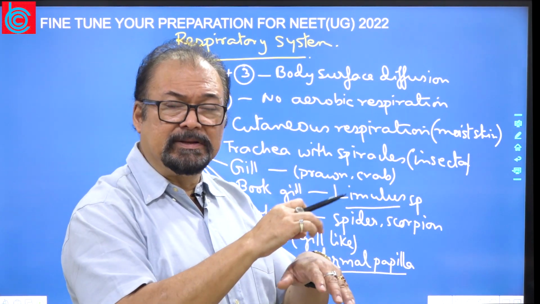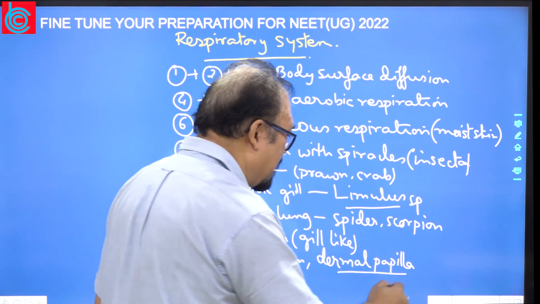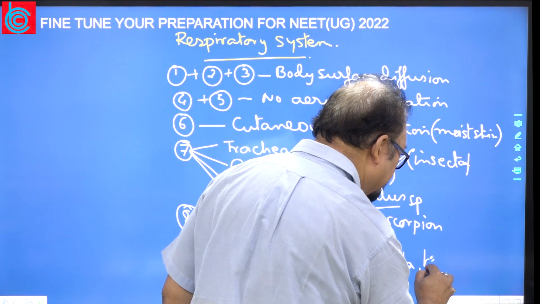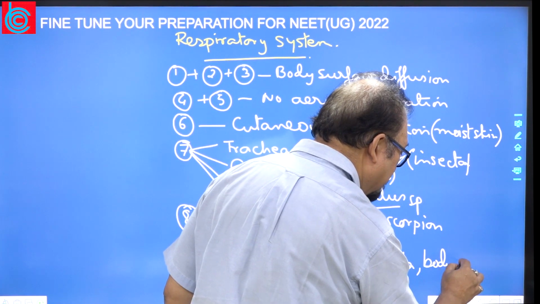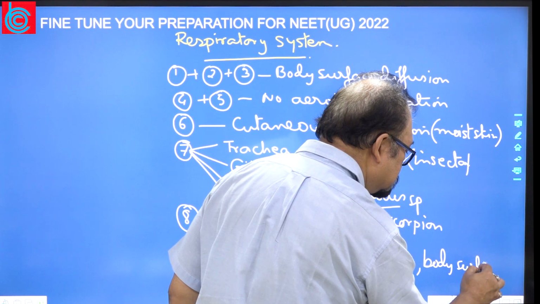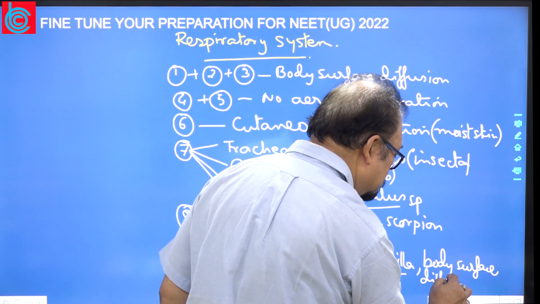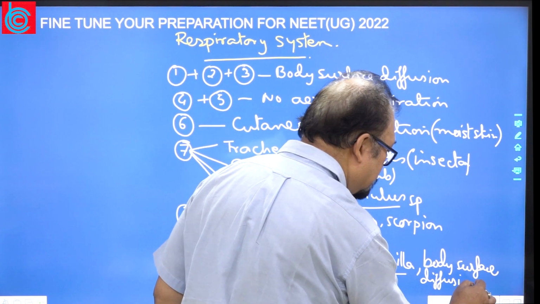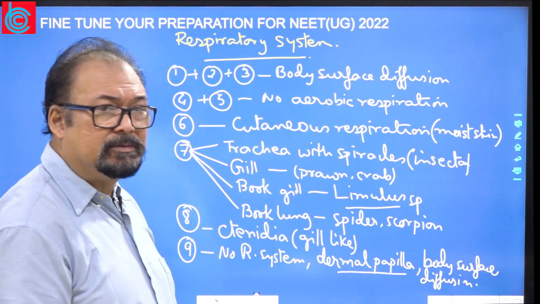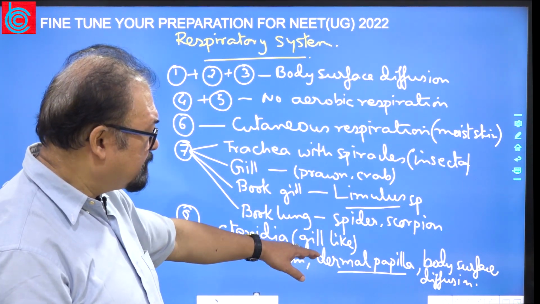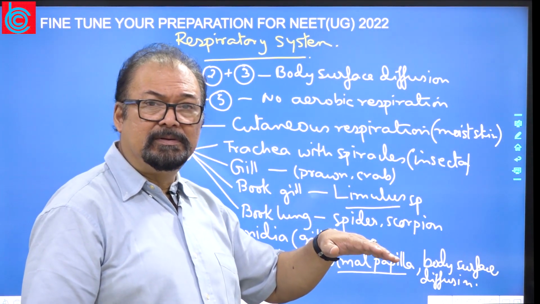These projections and also the body surface help in diffusion of gas. It is the highest group of invertebrates, but a very unique animal.